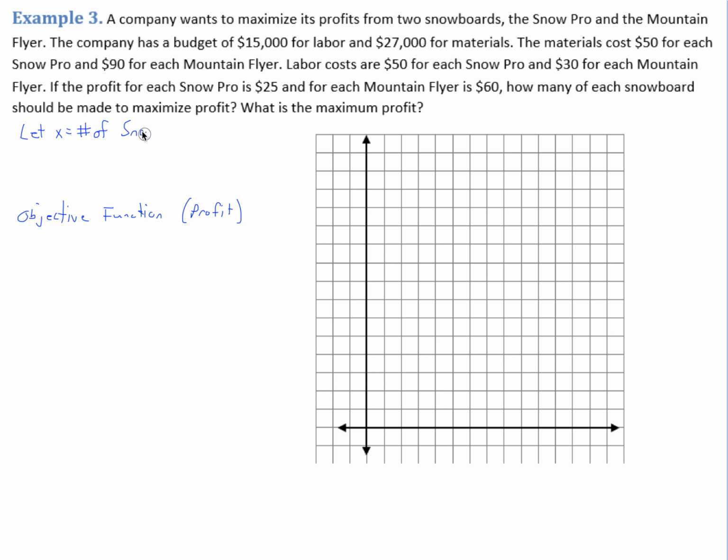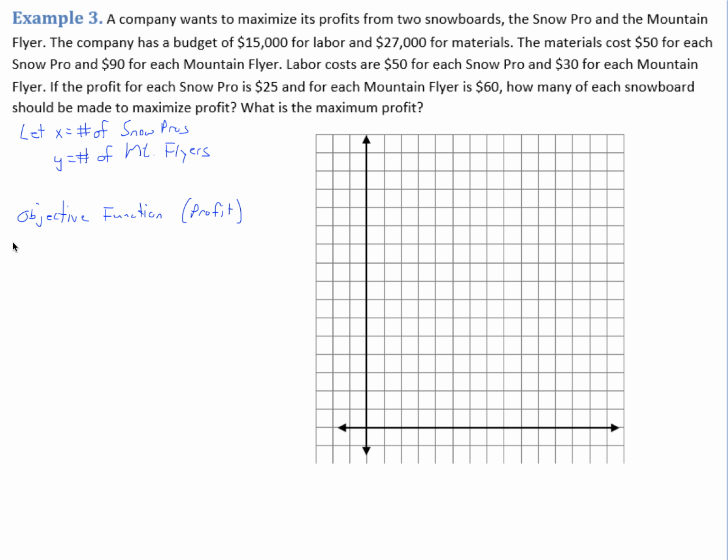So our profit depends on the Snow Pros and the Mountain Flyers, and then we'll let y equal the number of Mountain Flyers. All right, so that's what we're trying to find, how much of those need to be made, and then we want to maximize profit. So we'll actually find the profit after we find how many of each.